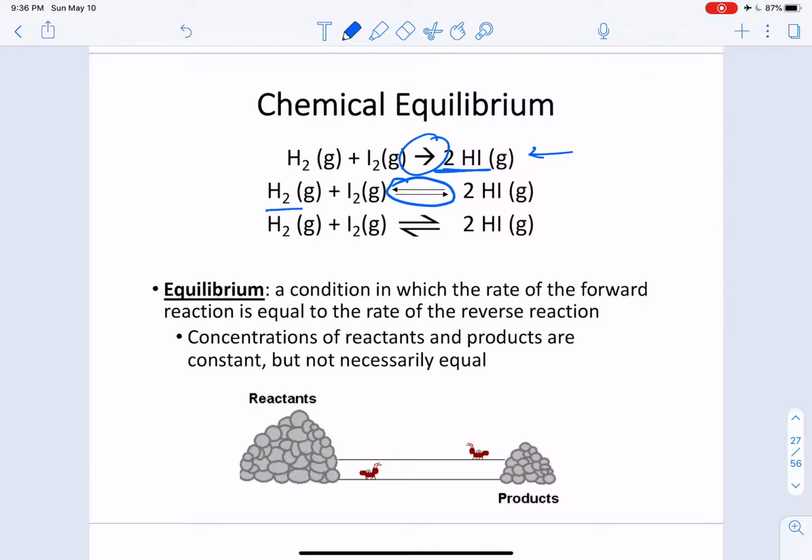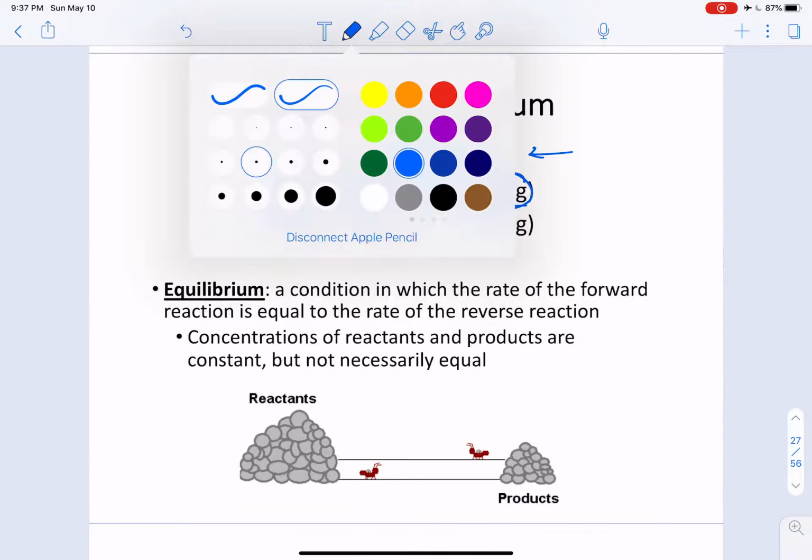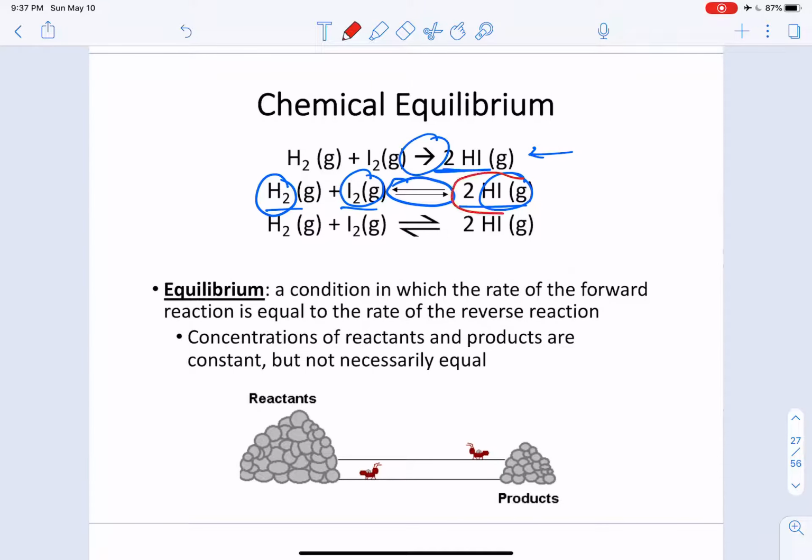So these three things are all in the same container together, just floating around, and we have constant concentrations of those things. And what we get is every once in a while an H2 will find an I2 and they'll react and make an HI. But at the same rate, a couple of HIs will find each other and the reaction will go backwards and make an H2 and an I2.